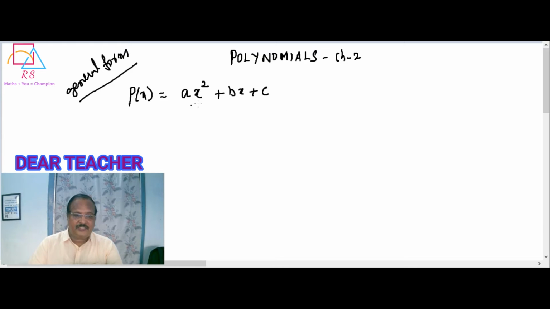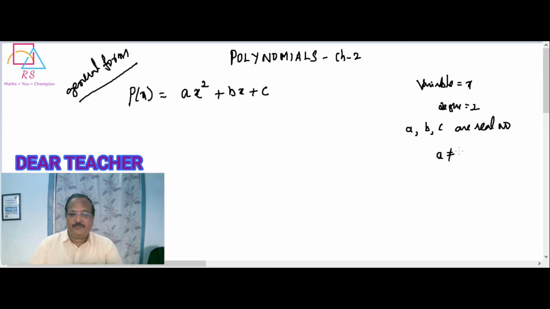Now let us understand one by one. What is the variable in this? The variable is x. The degree, of course, I need not tell you, is 2. Then a, b, c are real numbers. And there is one more condition: a should not be equal to 0.